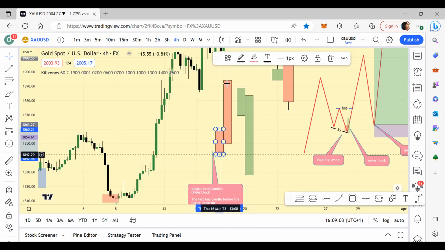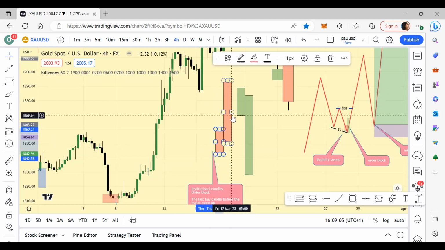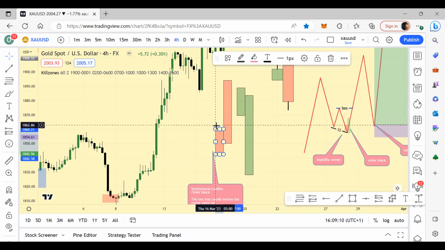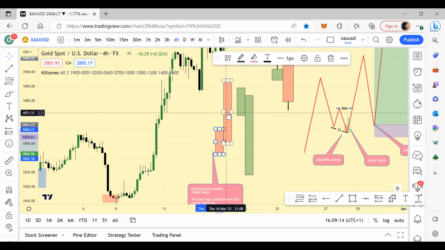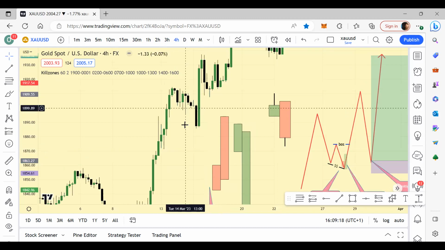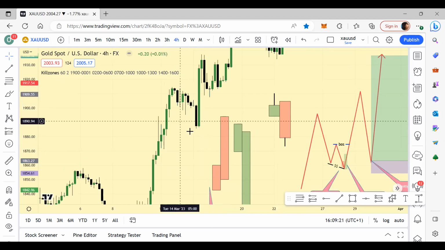So something like this would be an order block. Something like this would be an order block. Or you could have a mixture of color, so a green color with a red color, or a red color with a green color. Something like this would be an order block.